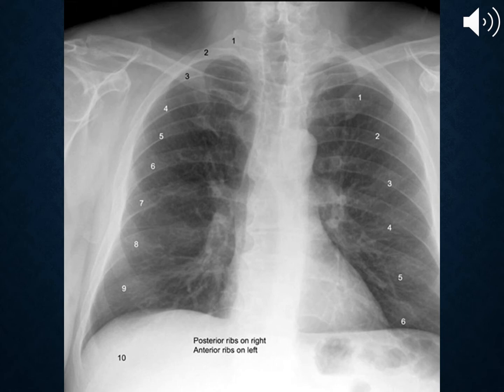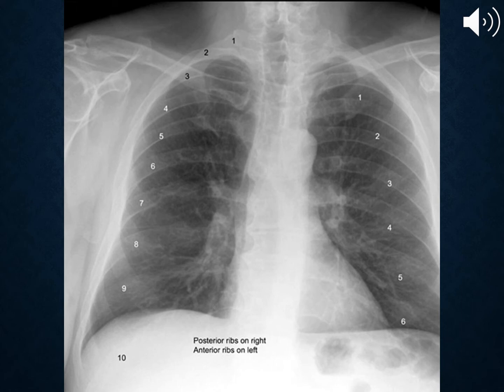Rib counting. Look at the bottom of this slide where it says posterior ribs on the right, anterior ribs on the left. They're speaking anatomically. When you look at this image, the anatomical right, which is the left side of your screen, versus the anatomical left, which is the right side of your screen. Sorry, that's a little confusing.